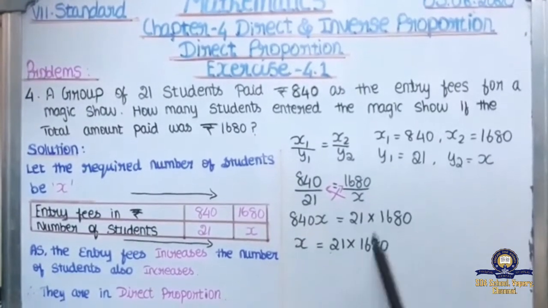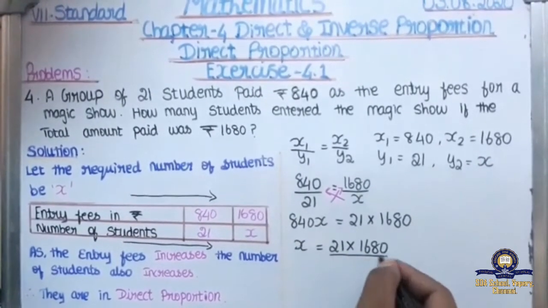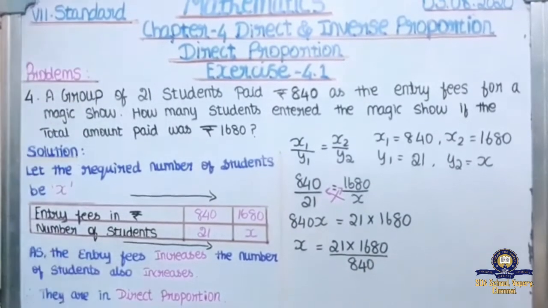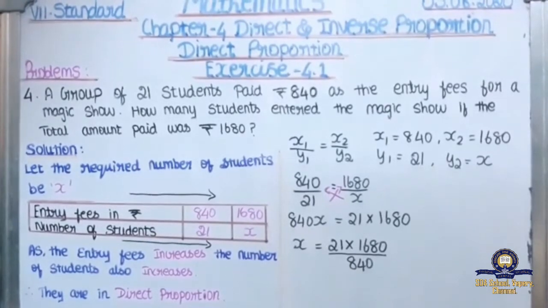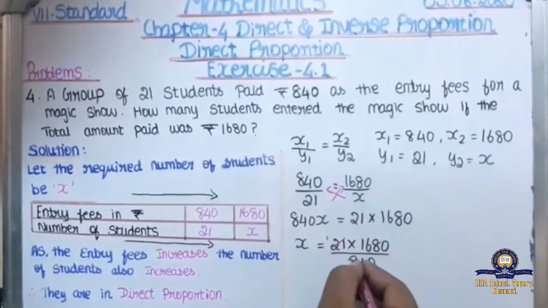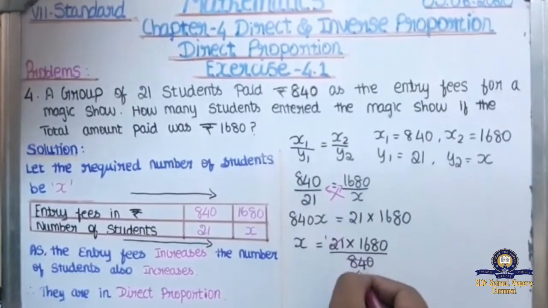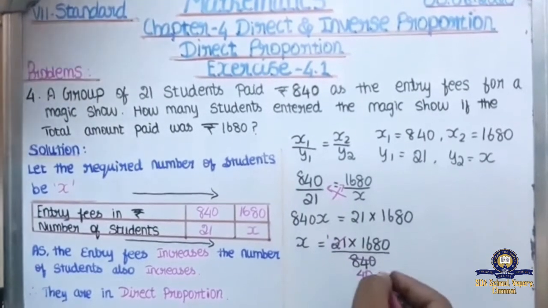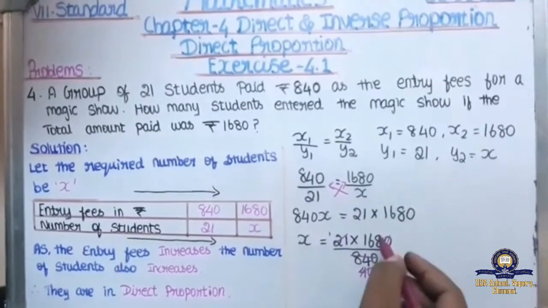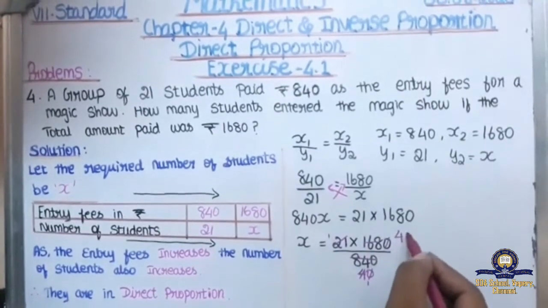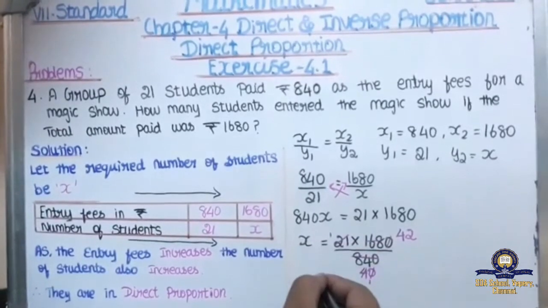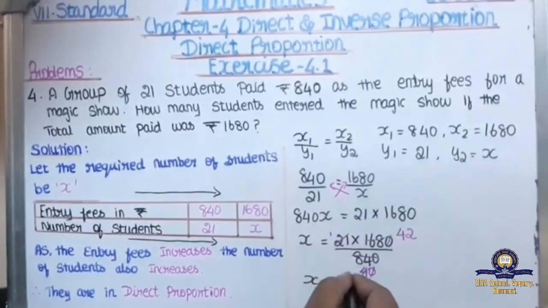When it goes to the other side, it will become division. Therefore, it becomes division by 840. Now we need to cancel this value, where 1 twenty-one is 21 and 40 into 21 is 840. Now we cancel the 0, where 1 four is 4, 4 fours are 16 and 2 fours are 8. Therefore, we get the answer that x is equal to 42.